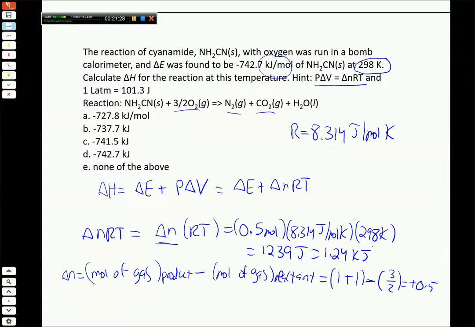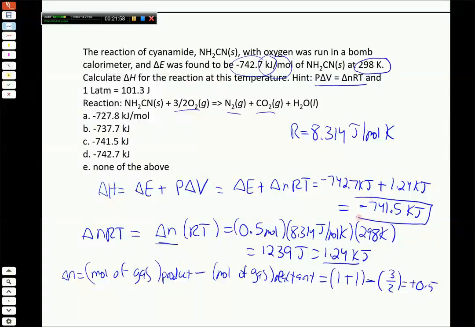kilojoules. And so when we put this back into the equation, our delta E was given as minus 742.7 kilojoules. And then this delta nRT term we determined down here is plus 1.24 kilojoules. And so as I mentioned in class, the values of delta E and delta H are not typically that different, so we get minus 741.5 kilojoules when we add those out.